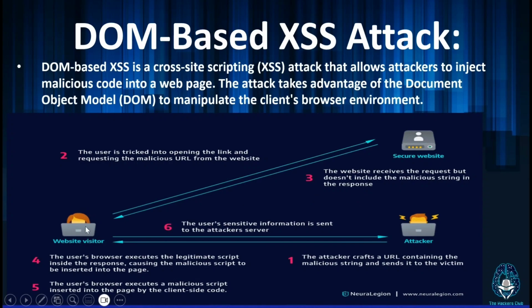Then the user's browser executes the legitimate script inside the response, causing the malicious script to be inserted into the page. Then the user's browser executes the malicious script inserted into the page by the client-side code. Then the user's sensitive information is sent to the attacker's server.